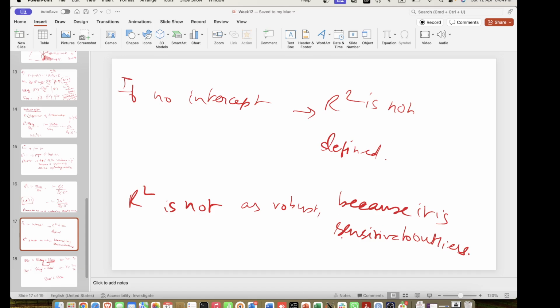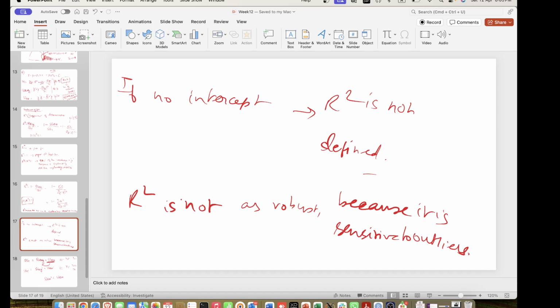So what do we do if we have no intercept in the model? Mostly what is done is that we consider different transformations or something like that, and then get the respective goodness of fit equations. So if there is no intercept, then r square is not defined.